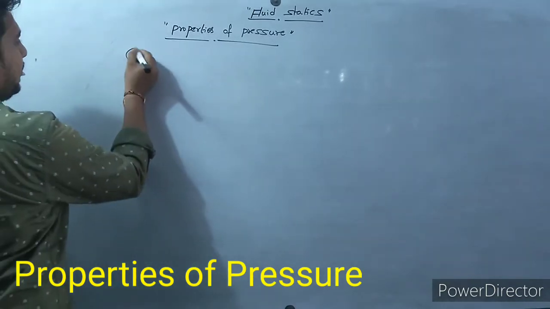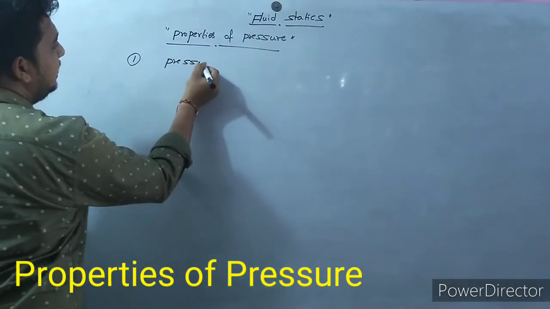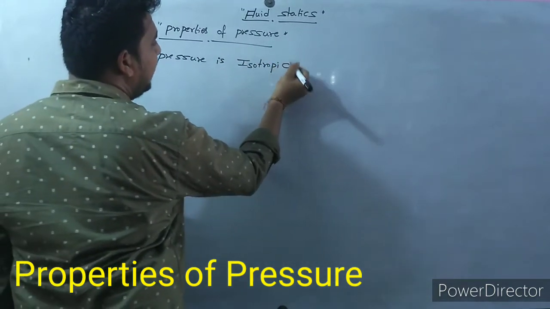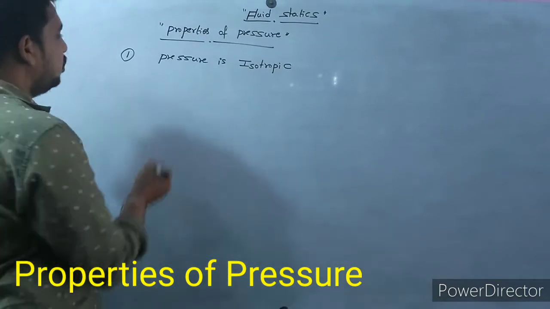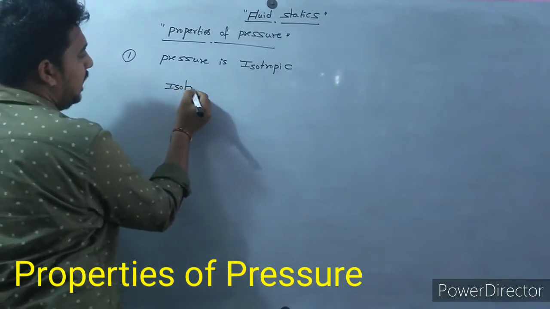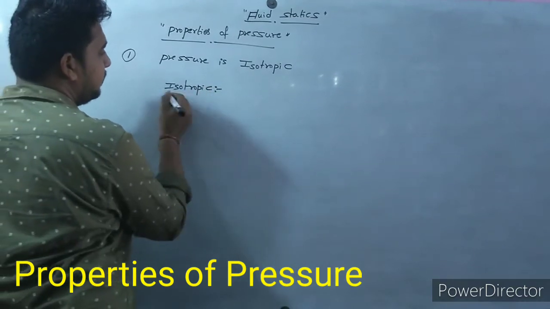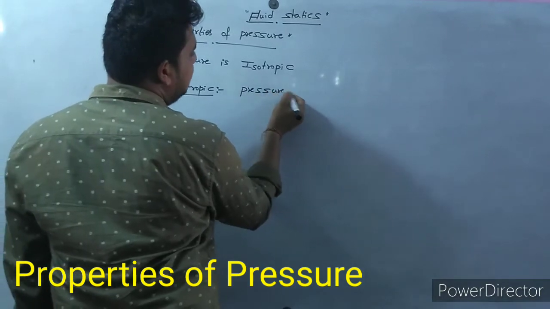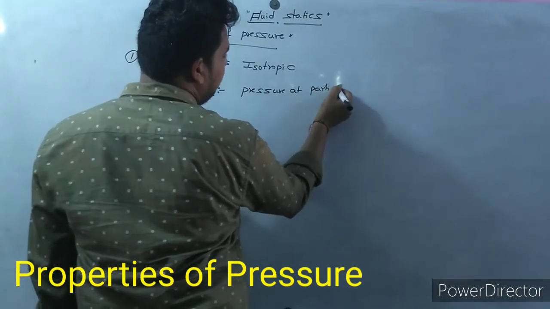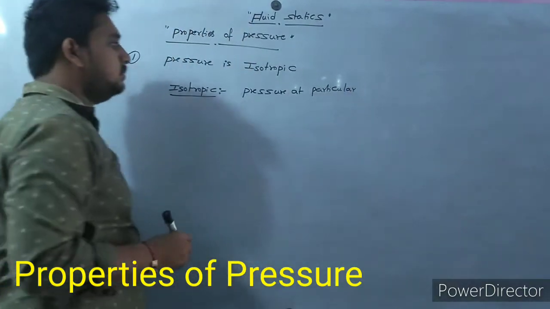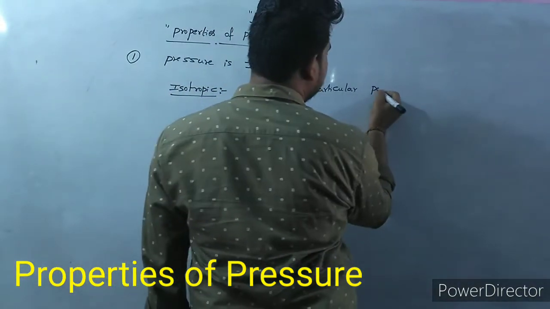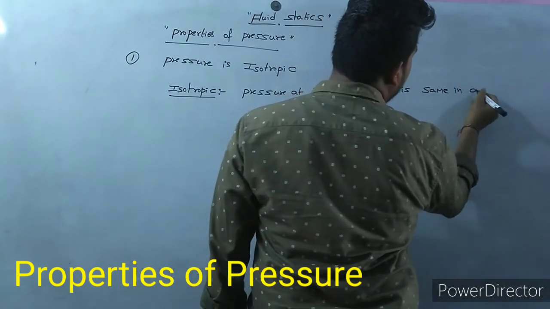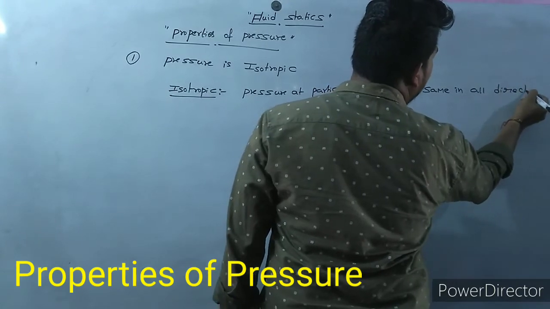First one is pressure is isotropic. Isotropic means what, my dear? Isotropic means pressure at a particular point is the same in all directions.